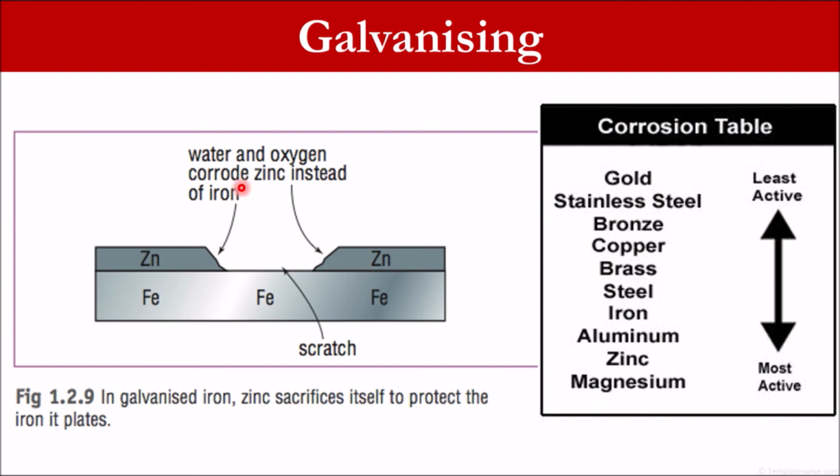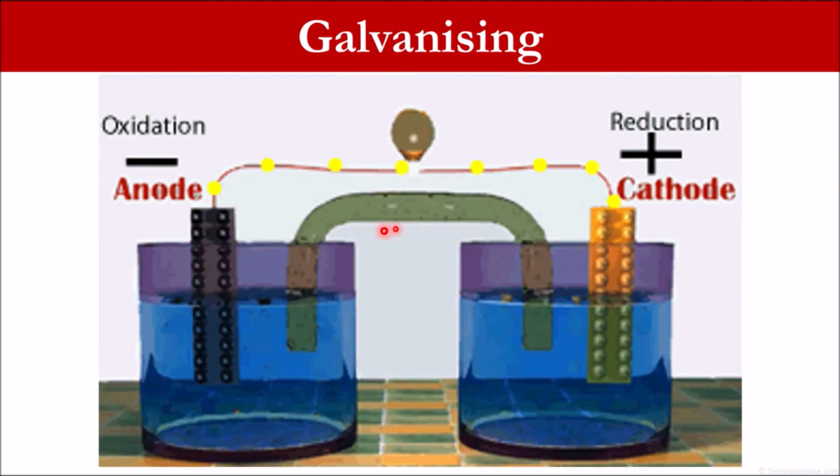So instead, the water and oxygen is going to react with the zinc first before it reacts with the iron, even if some part of the iron is still exposed. So long as you have some little layers of zinc over it, the oxygen and water is going to react with that first. So you can see it as this process of galvanizing.